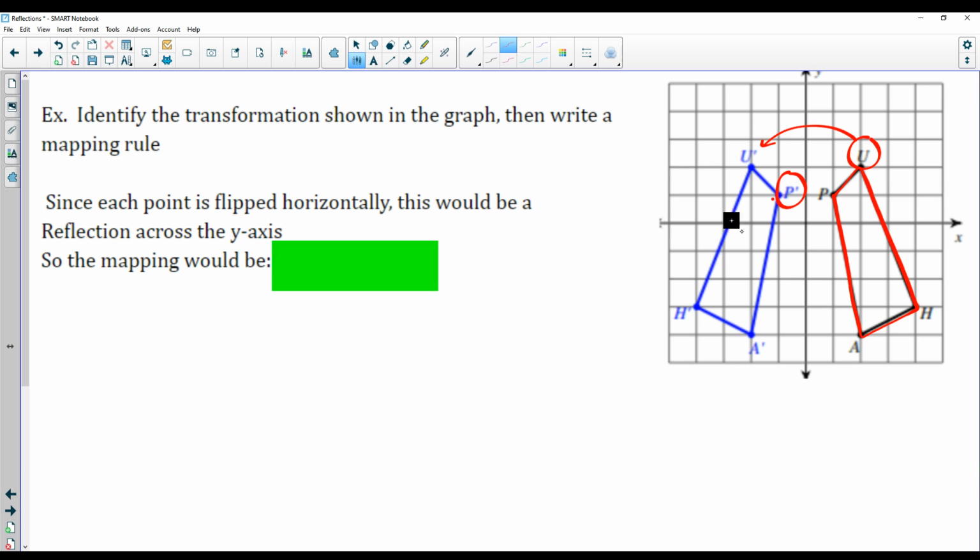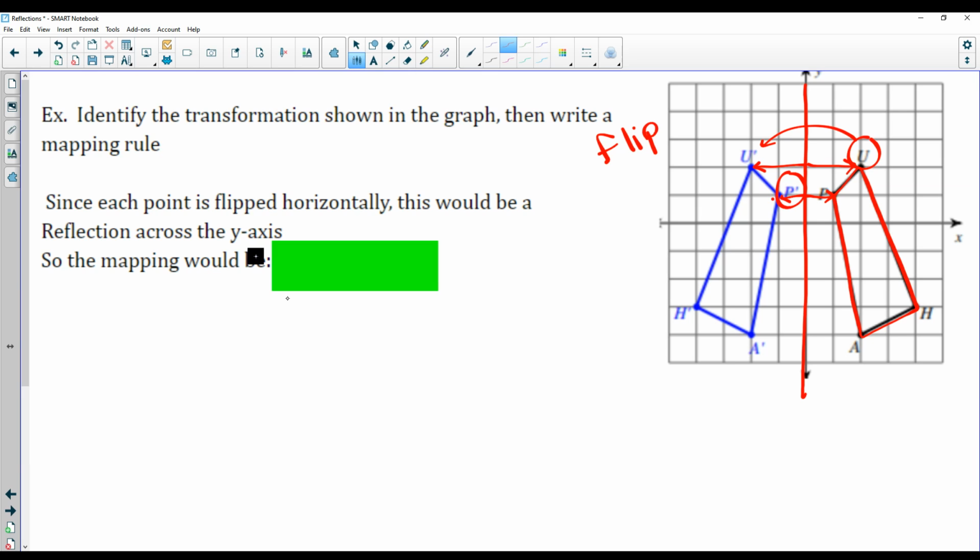So anytime you think that your shape has been flipped, that is a reflection, okay? Now, what do we reflect over? The y-axis. Notice if this is 1 unit away, it's still 1 unit on the other side. If U is 2 units away, U prime is 2 units away on the other side.